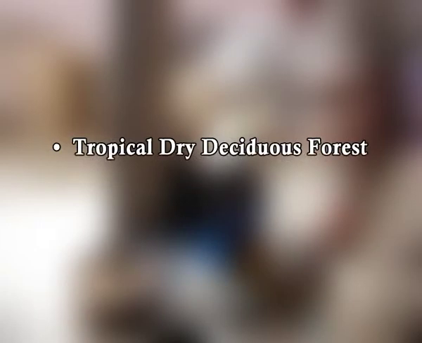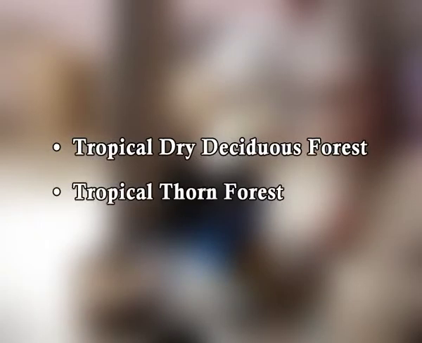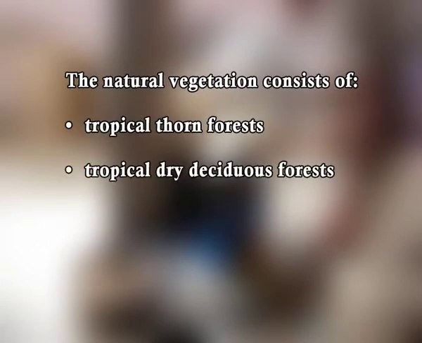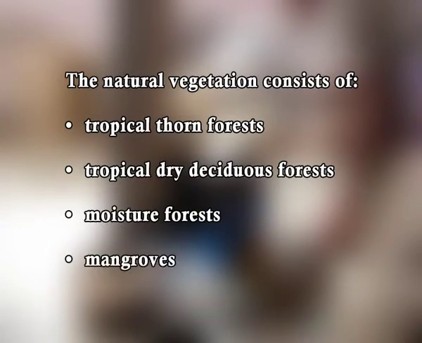The Aravalli system constitutes the heart of this zone, which primarily supports two vegetation types, tropical dry deciduous forests and tropical thorn forests. The natural vegetation consists of tropical thorn forests and tropical dry deciduous forests, moist forests and mangroves.